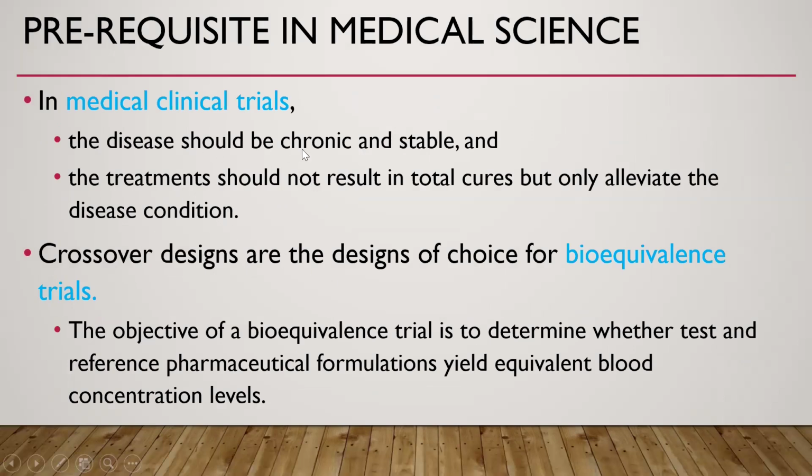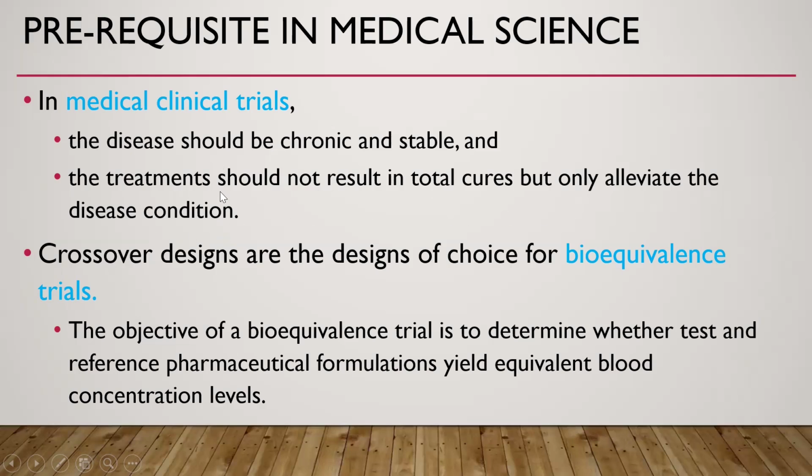What are the prerequisites in medical science? In a medical clinical trial, to use a crossover design, the disease should be chronic and stable, and the treatment should not result in total cure, but the treatment should only alleviate the disease condition.